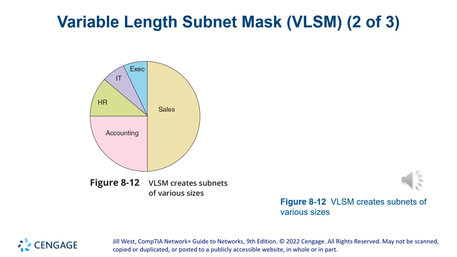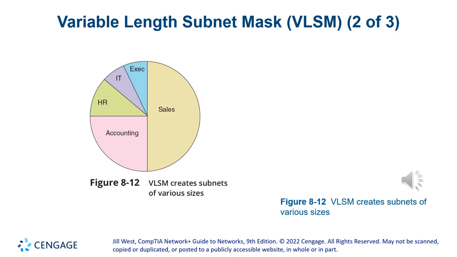So the other half, I'm going to break it into another half, right? So now I have accounting that has 64 IP addresses, and the other 64, I said, you know what? I have this department that's so small, I want to break this in half. So those 64 that I have on the top left, I can break into halves.